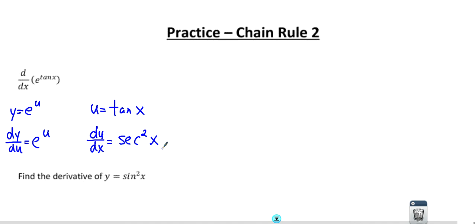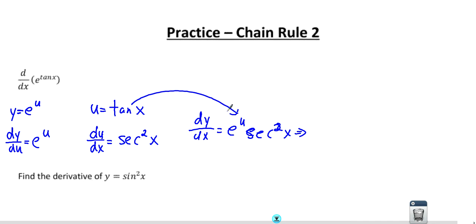Then we take these two things and we multiply them to get our derivative dy over dx, which is going to be e to the u secant squared x. But we cannot leave it with u inside, so we plug u back in, so tangent x gets plugged back in.